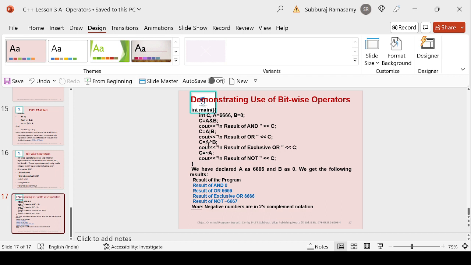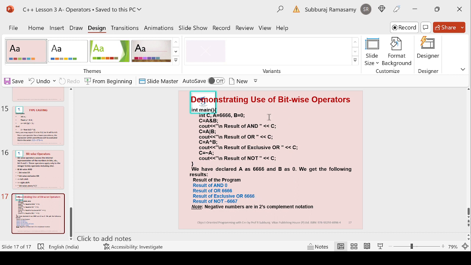And C is A exclusive or B, and B is always 0. So this expression will turn out to be 1 only when A is 1. 1 exclusive or 0 will be 1, and 0 exclusive or 0 will be 0.